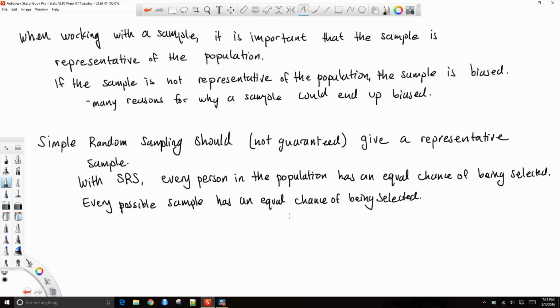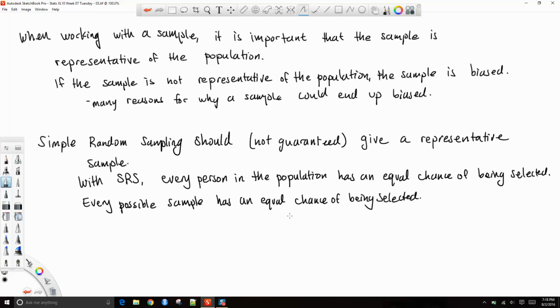So you can think of lotto tickets, okay? With a lotto ticket, if you think of the winning numbers, it's just as likely for the winning numbers to be 3, 7, 10, 25, 42, 51 as it is for the winning numbers to be 9, 15, 26, 27, 38, and 40, or whatever they are, okay?